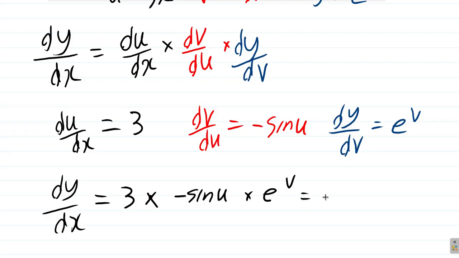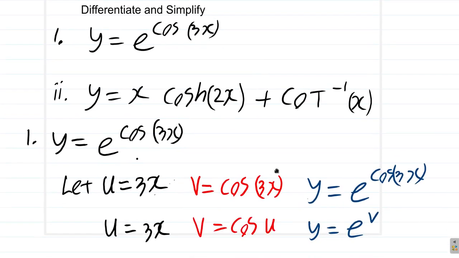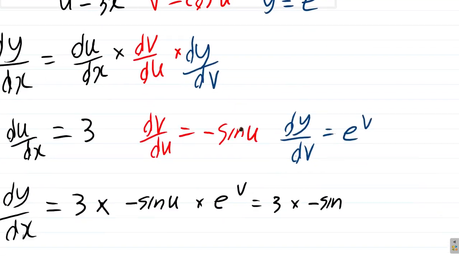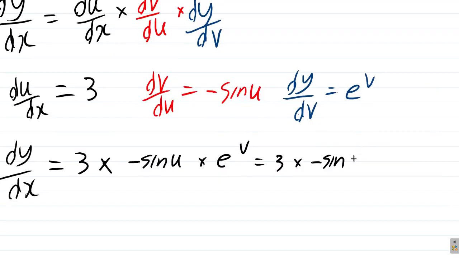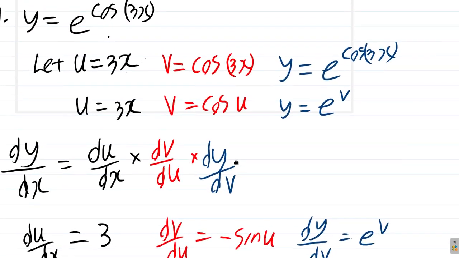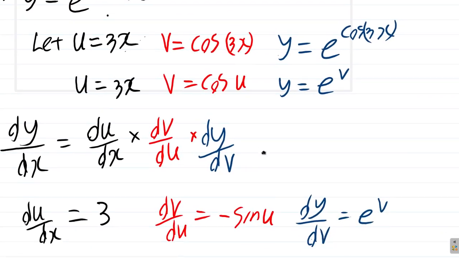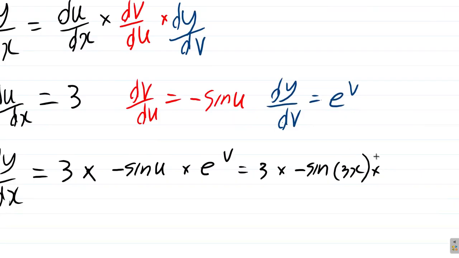So what we have is 3 times negative sine, what was u again? U was 3x, so it's negative sine 3x times e to the v. What was v again? V was cos u, but remember what u was? U is 3x, so it's cos 3x.